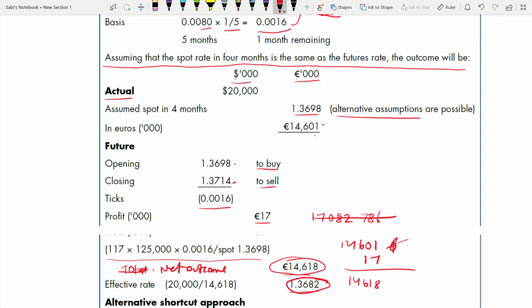This is 17,000, right? It is not 17 million, because if you add 17 plus 14,601, it becomes a very big number, which is a wrong number, because this is in thousands and this is also in thousands. Okay. In other words, if I cut both the thousands, the number will be like this only, right? So 14,618, that is a net outcome.